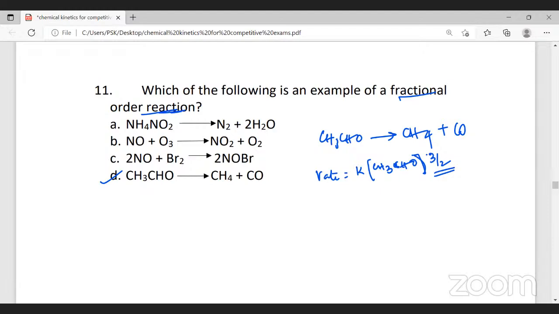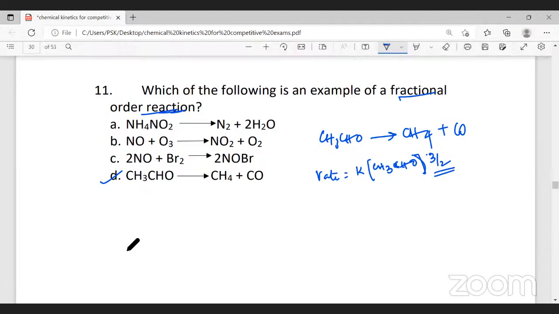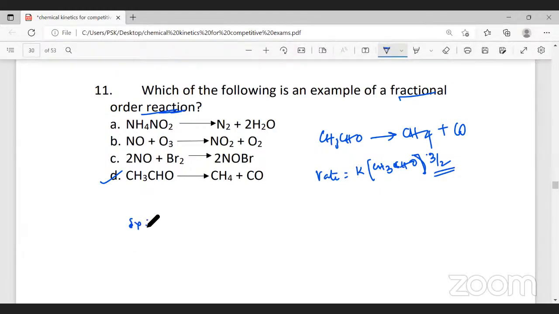Yeah. One more example is the formation of hydrogen bromide. Example 2, this you also remember. Hydrogen and bromine give you 2HBr. The rate of this reaction is equal to K into concentration of hydrogen into concentration of bromine to the power half.